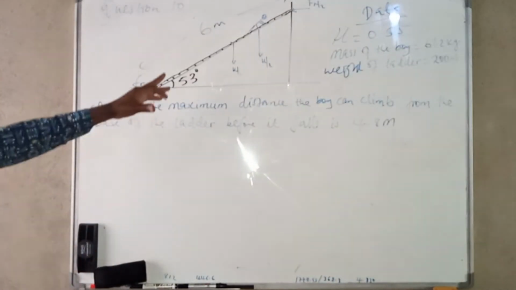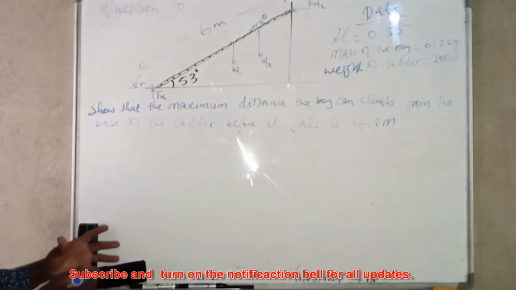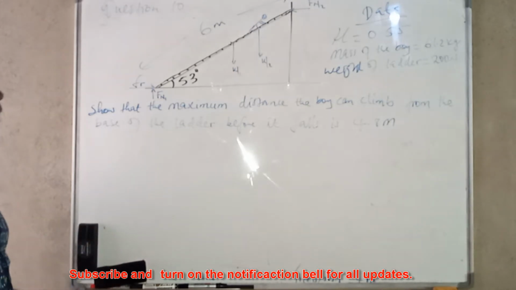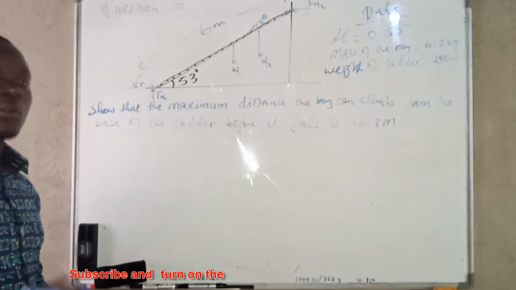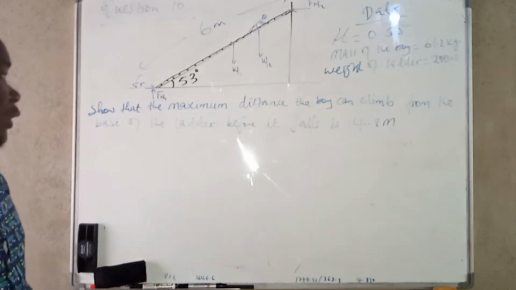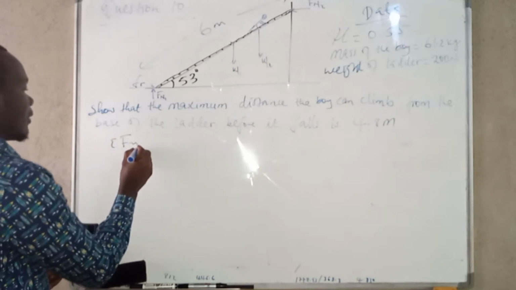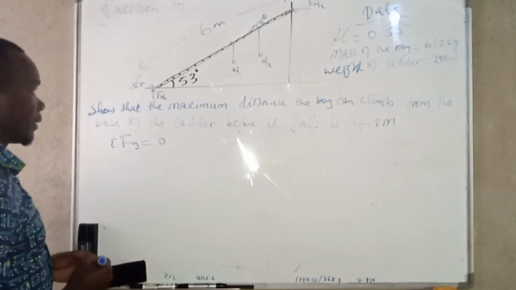So from this, we can begin as follows. We know that in order for the system to be in equilibrium, the summation of forces in x and y components must be 0. So we are going to begin as follows. Summation of forces in y must be equal to 0.